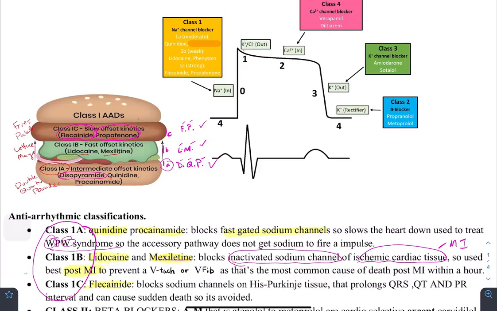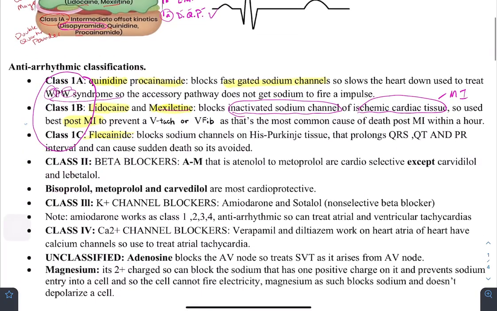Okay, now class 2 affects only your autonomic nervous system. Those are your beta blockers.